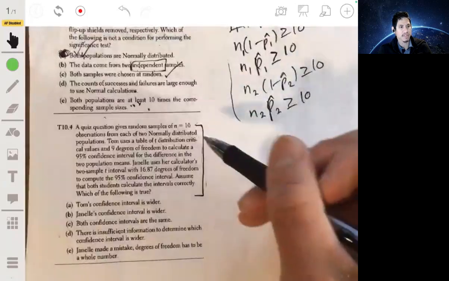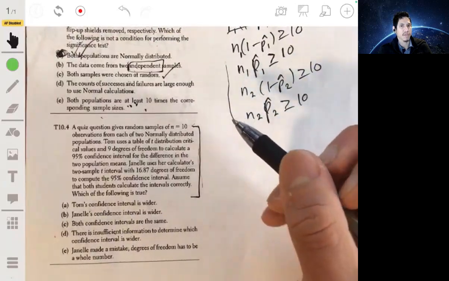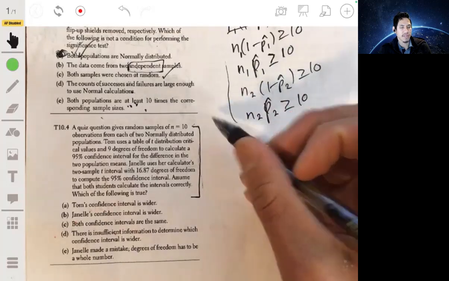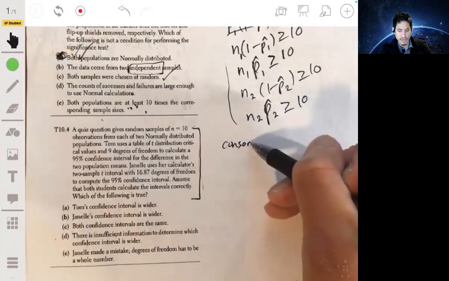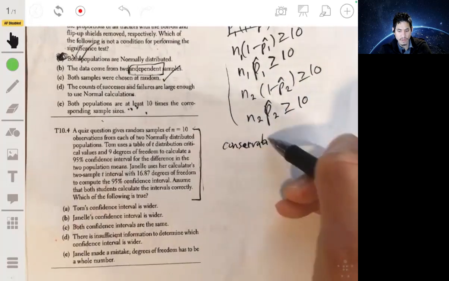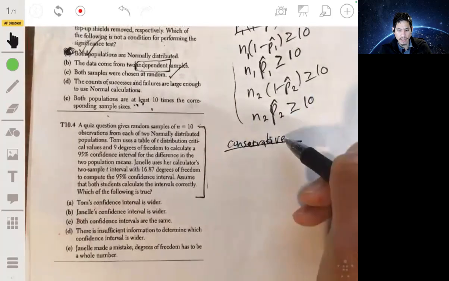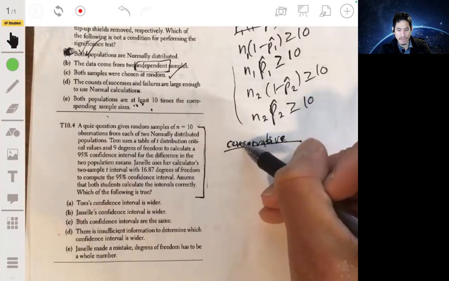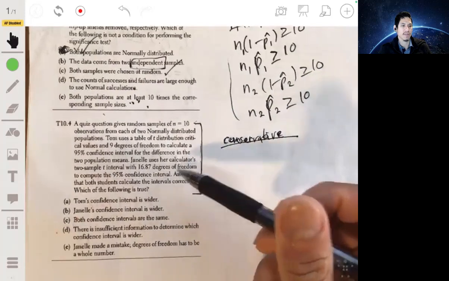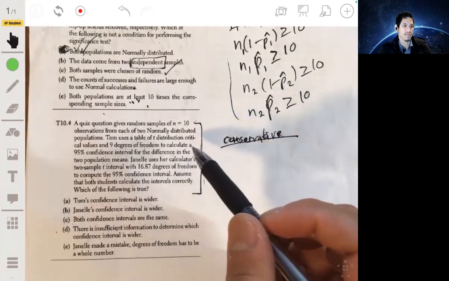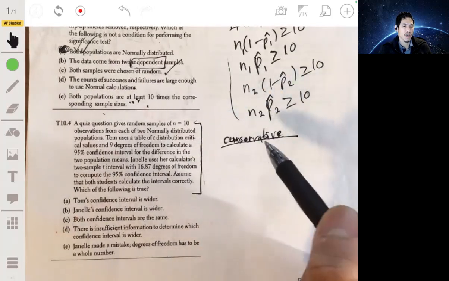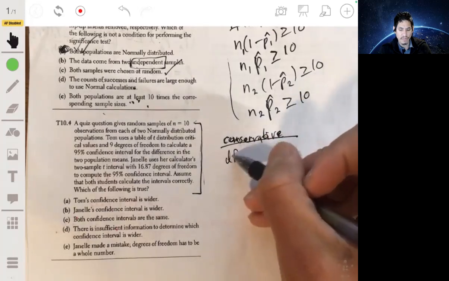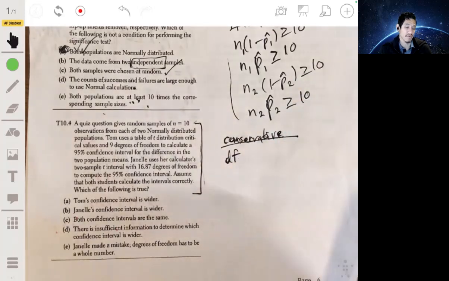when you first learn about this stuff, you probably learn this idea of being conservative. To get the actual degrees of freedom when running inference methods for differences in population means or population proportions, the degrees of freedom is a very complicated formula.